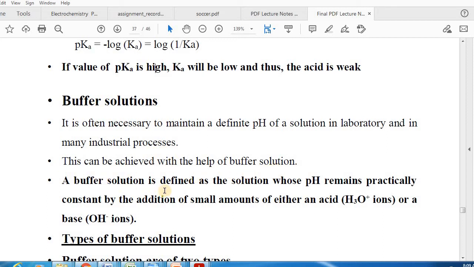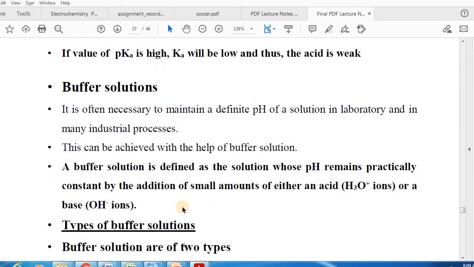A buffer solution is defined as the solution whose pH remains practically constant even on addition of small amounts of either an acid or a base. Means the solution which is resisting change in its pH even on addition of small amounts of acid or a base will be known as a buffer solution.